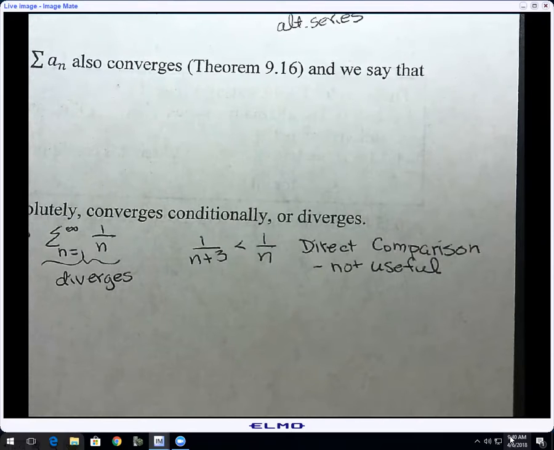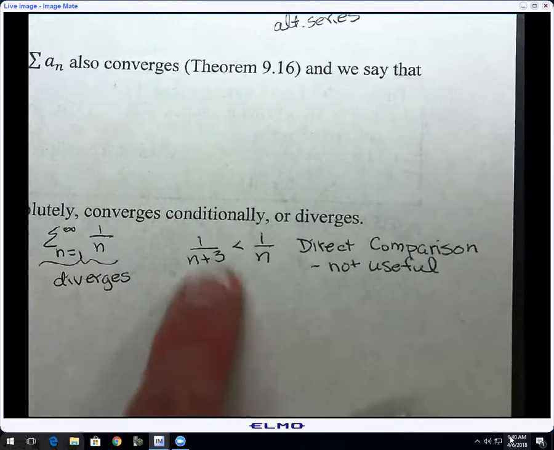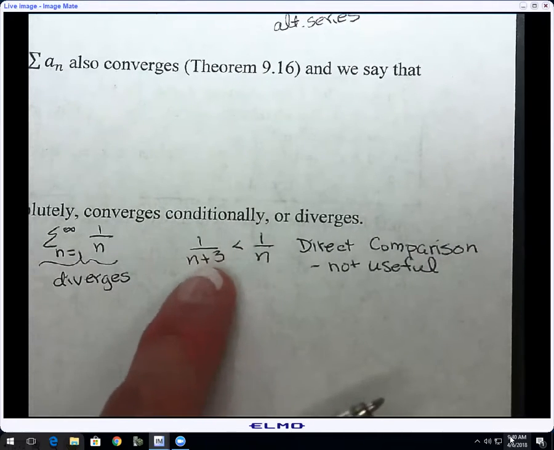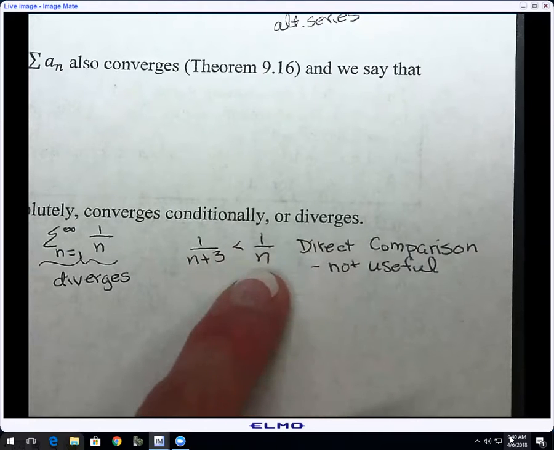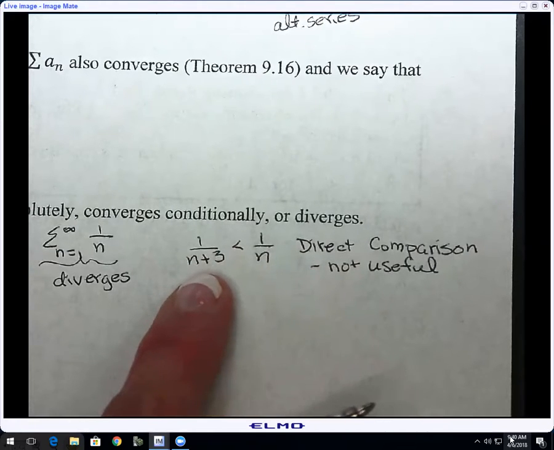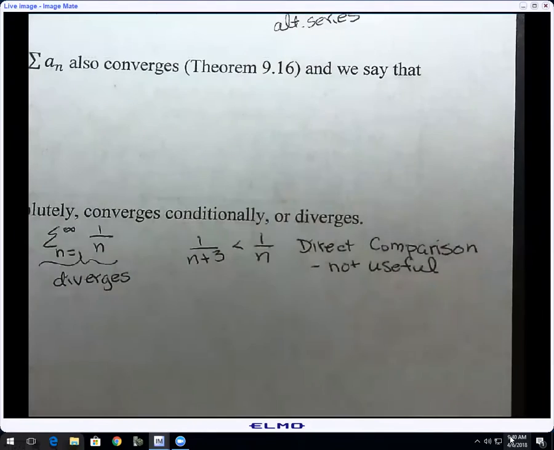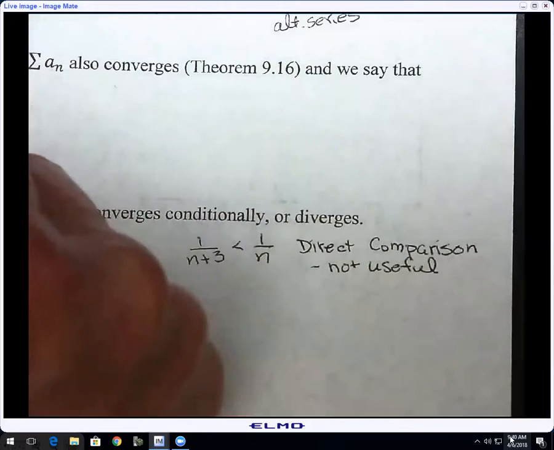It's bugging me because I misused that last night. I said because the bigger one diverges, the little one diverges, and that's just not a true statement. So I have something wrong in my notes. But let's try a limit comparison.